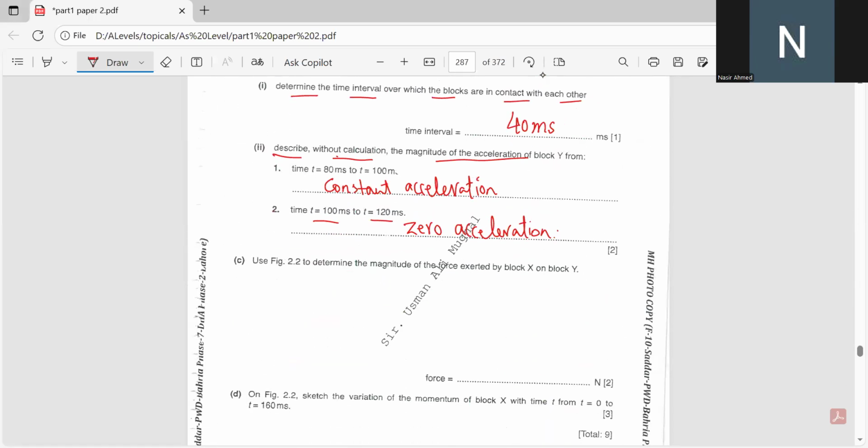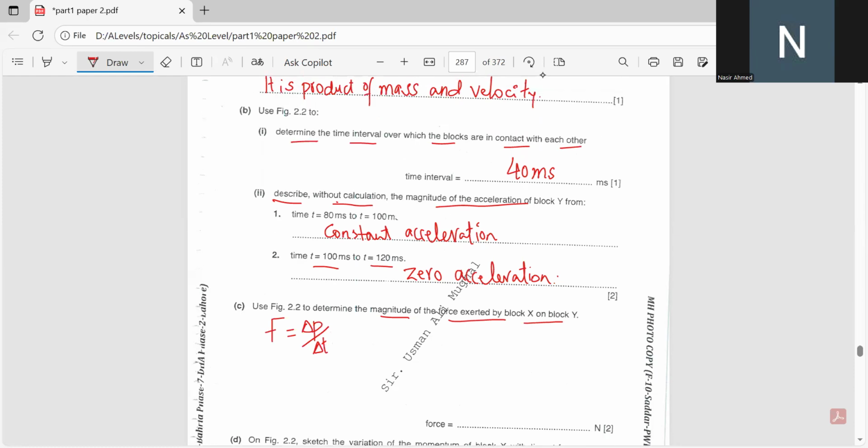Next it says determine the magnitude of the force exerted by block X on block Y. So we know force is equal to change in momentum over change in time. How can you find this out? This is going to be found by the gradient of the graph.